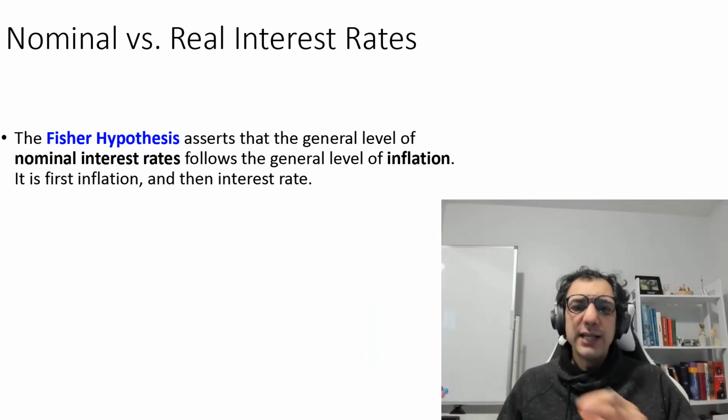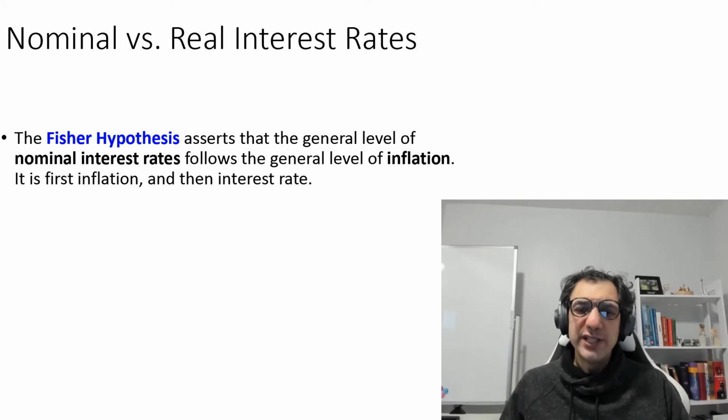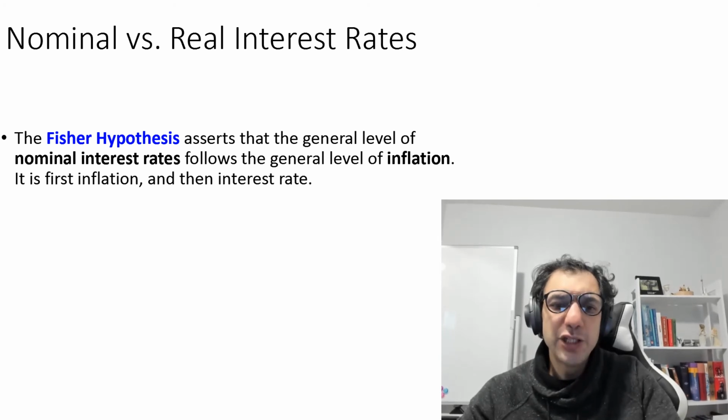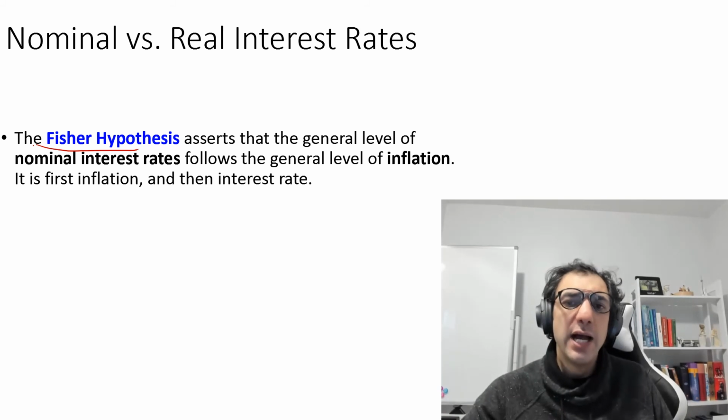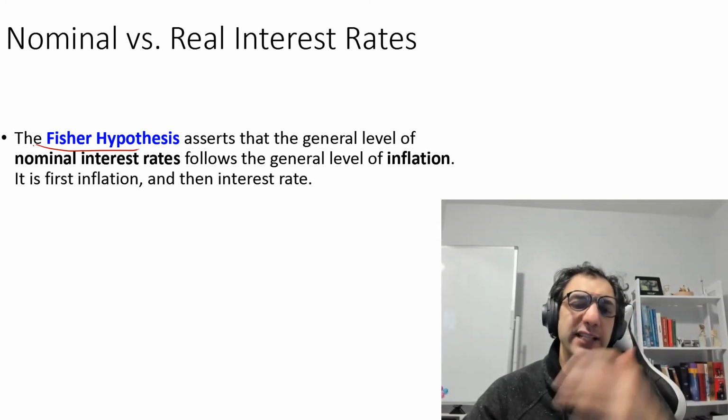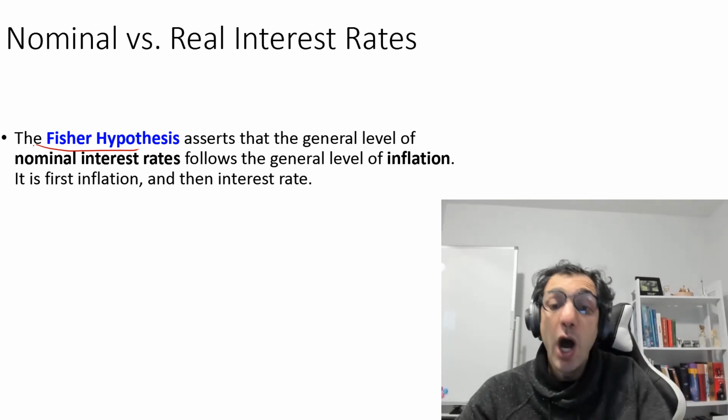The real interest rate is different than the nominal interest rate. The connection is mainly described by something called the Fisher equation or Fisher hypothesis. The idea here is that the nominal interest rate and the inflation are related.